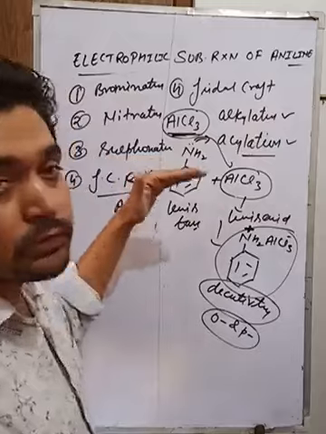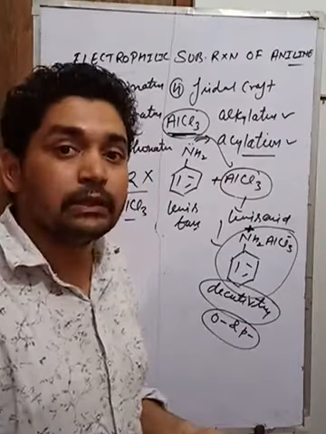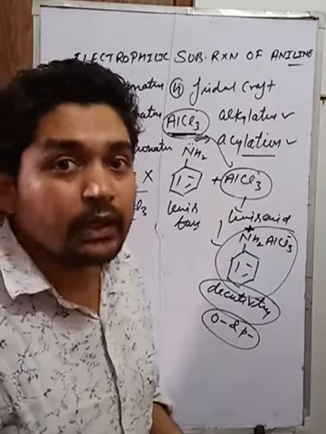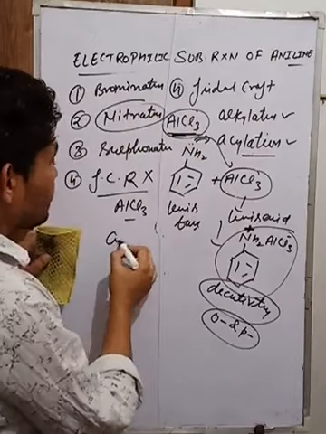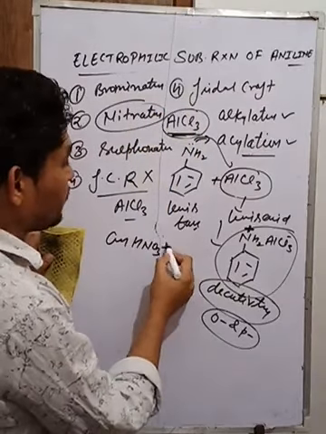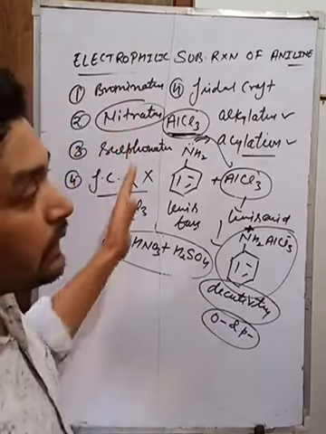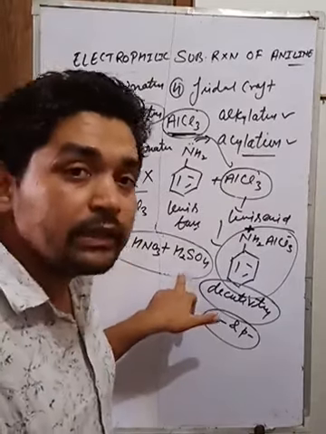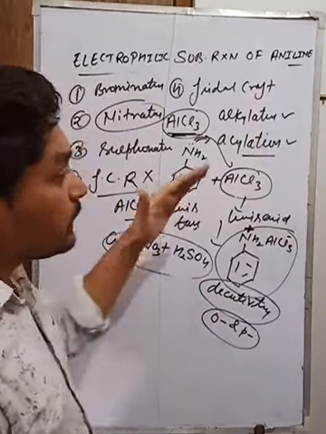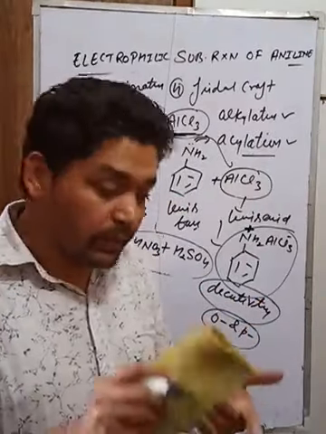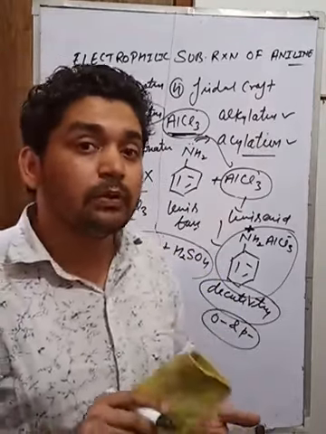But if we want ortho and para products, aniline is first acylated, then brominated, and then we get the ortho and para products. In nitration, when aniline is treated with nitrating mixture, concentrated nitric acid in presence of concentrated sulfuric acid, aniline forms ortho-nitroaniline and para product, but in addition to these, they also form the meta product.